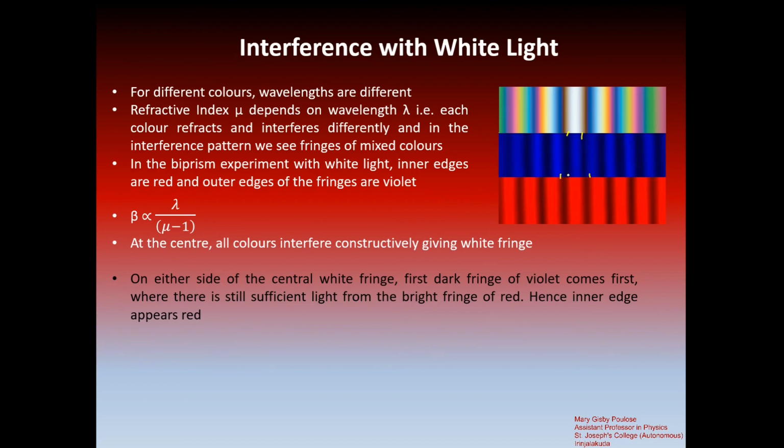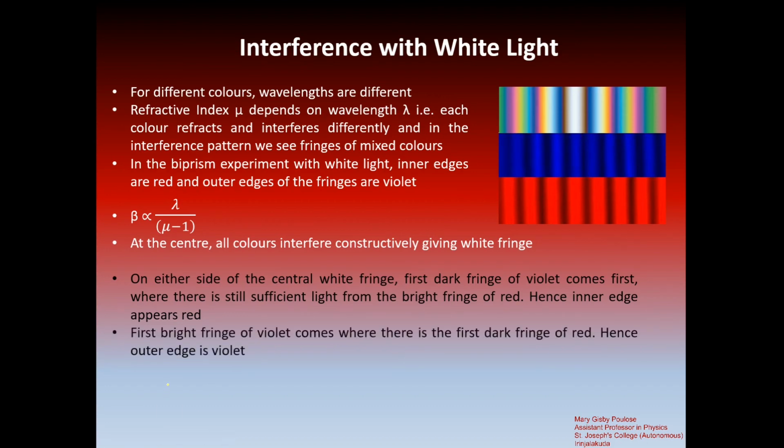So on either side of the central white fringe, the first dark fringe of violet comes first, where there is still sufficient light from the bright fringe of red. Hence, the inner edge appears red. Now, when the dark fringe of red is present at these 2 points, we get the first bright fringe of violet.